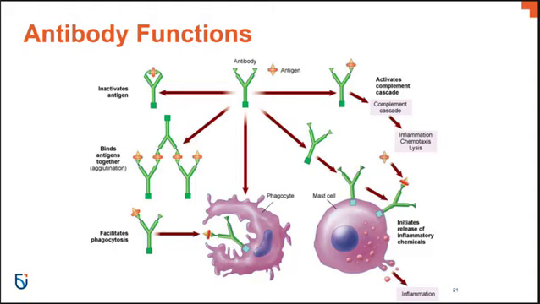Essentially, antibodies act on antigens by inactivating and binding them together to facilitate phagocytosis, and by initiating inflammation and activating the complement cascade. Remember, just as a reminder, complement is a group of enzymes that produce a cascade of reactions that result in a variety of immune responses. Now, with all that I've just said, let's look at that a little bit closer by using this diagram.